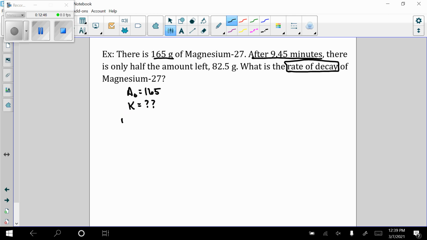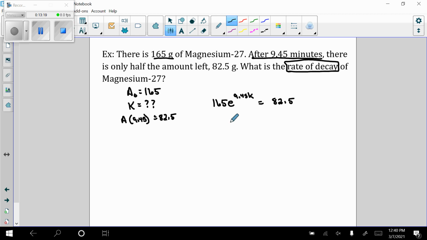And A sub 9.45 minutes later is 82.5 grams. So if I set my equation up, I have 165 e to the 9.45 K equals 82.5.